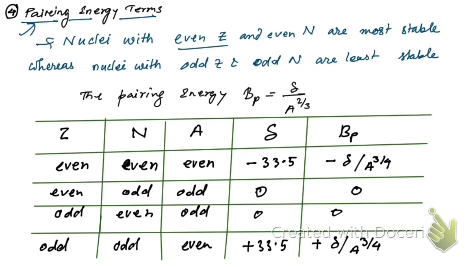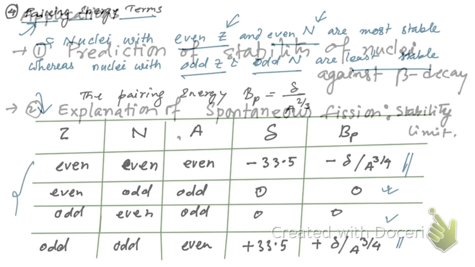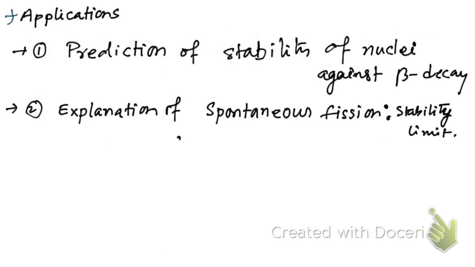Nuclei with even Z and even N, that is, even numbers of protons and neutrons, are most stable, and odd Z and odd N are least stable. And here you see, I have given a table showing when this value of Bp, that is the pairing energy, will be positive, negative and 0, in different situations. So these are the applications of the semi-empirical mass formula, right?